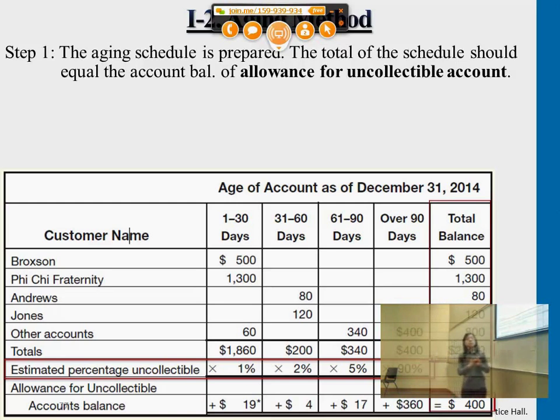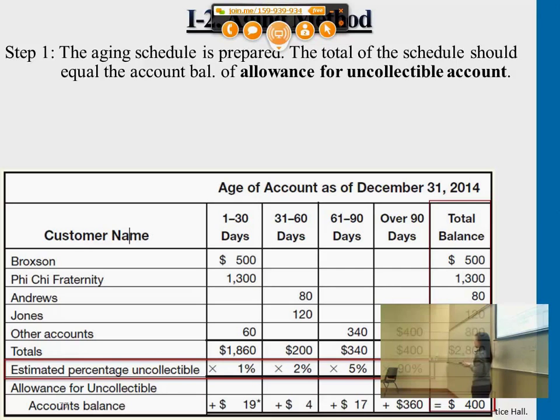Once again, oftentimes companies use this aging method at the end of each year. So at last year end, you have this exact same table, just probably the client names are different, and the dollar amounts are also different, but you do the same thing: assign a percentage times the total balance of accounts receivable. So assuming last year end the balance is 100, and this year, after this table of calculation, the balance is 400, we want to measure the difference, $300, and again, journalize this entry.